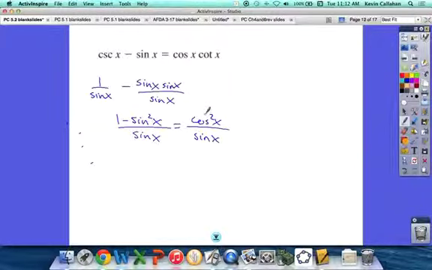So you're going to have to take that cosine squared and split it up into a cosine times a cosine. It'll look like cosine x divided by sine x times cosine x. Right, there's your cosine squared. And this is not adding or subtracting, it's not like you got to put a sine x there. Just one sine x and there it goes. And cosine over sine is cotangent, and the cosine. Done.